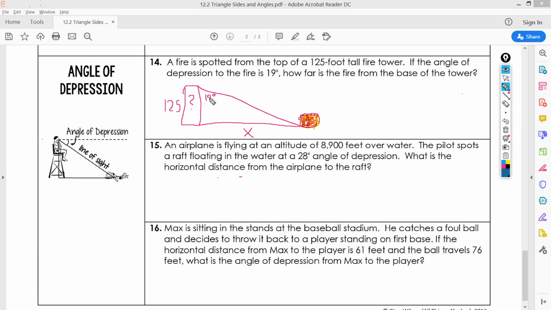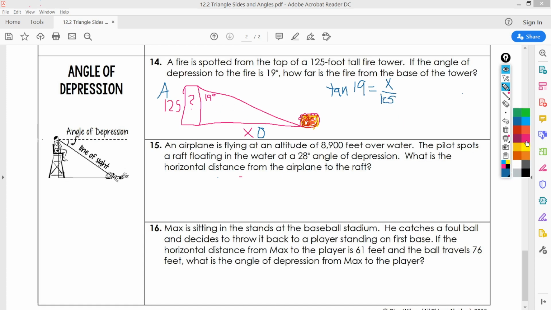So what do we have? This is my angle consideration. This is A. This is O. So I have another tangent situation. I have O and A. So I just say tangent of 19 is equal to O over A. O is X, over A is 125.